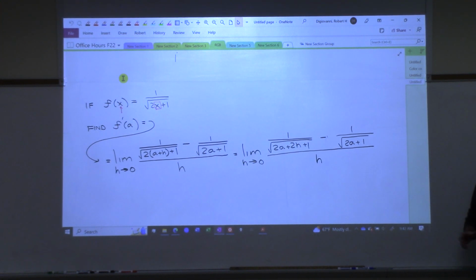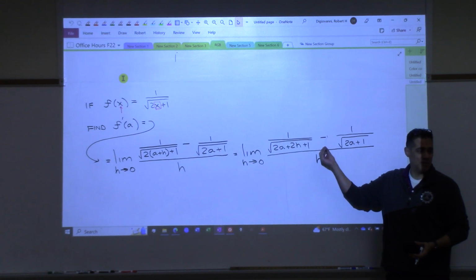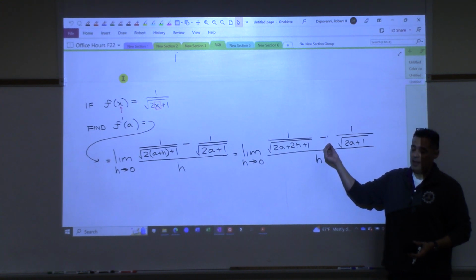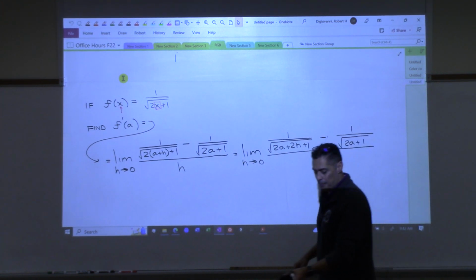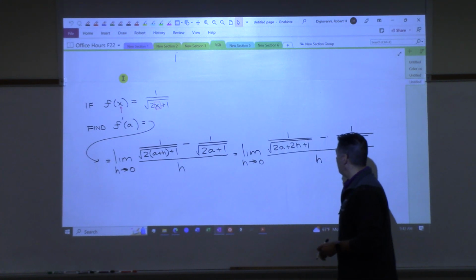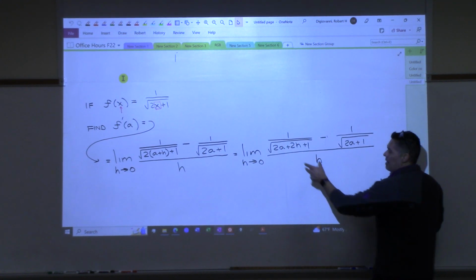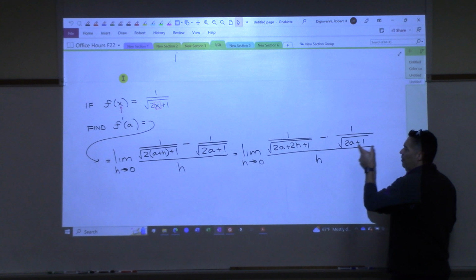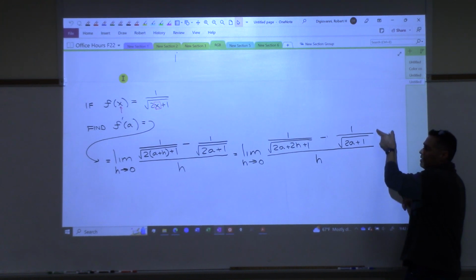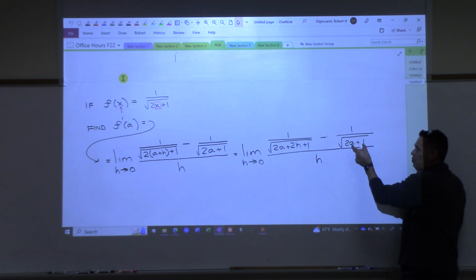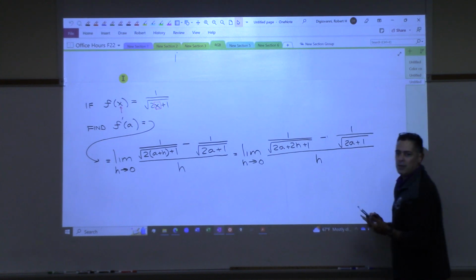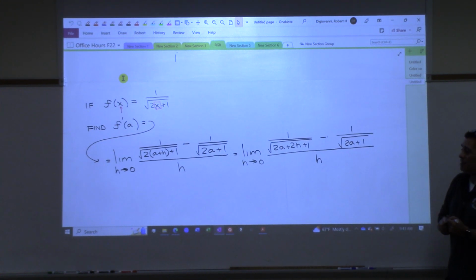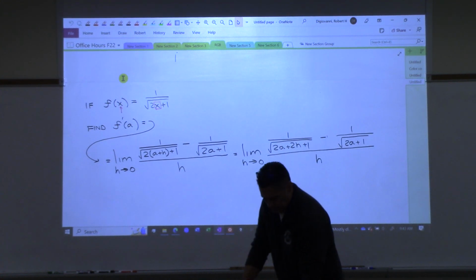I need to get a common denominator and put these two things together. That's a pretty nasty common denominator that I'm going to need, because I need this right here, the whole thing, I need it right next to this one. So I need it on the top and bottom. And then this one, I need it also on the top and bottom. So it's going to look terrible, but let's do it.